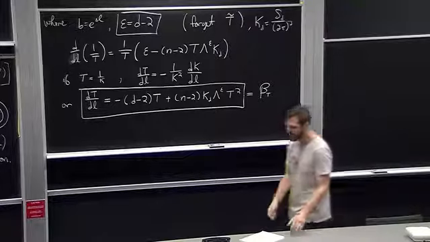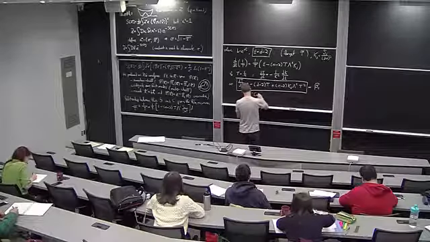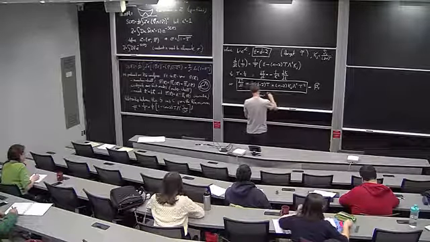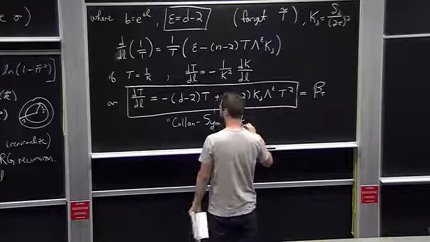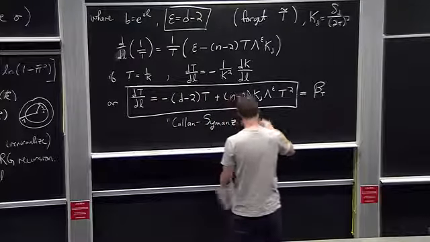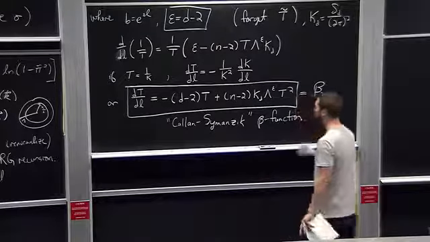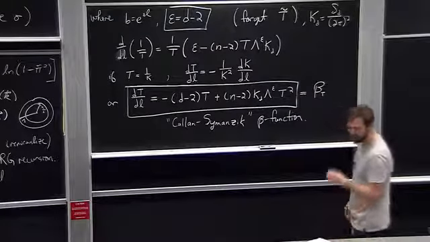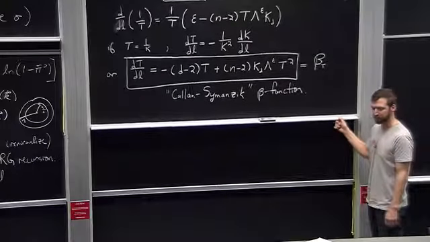This is very important. Beta function. It has a name, apparently. Callan-Symanzik beta function. I'll talk about where it arises in different physical theories a bit later.